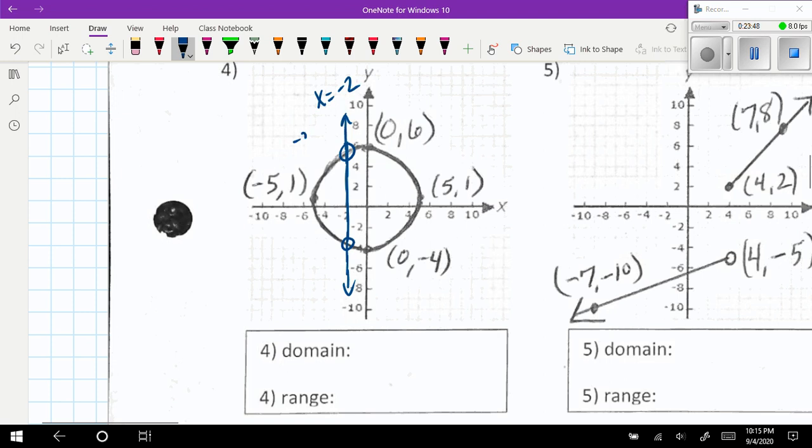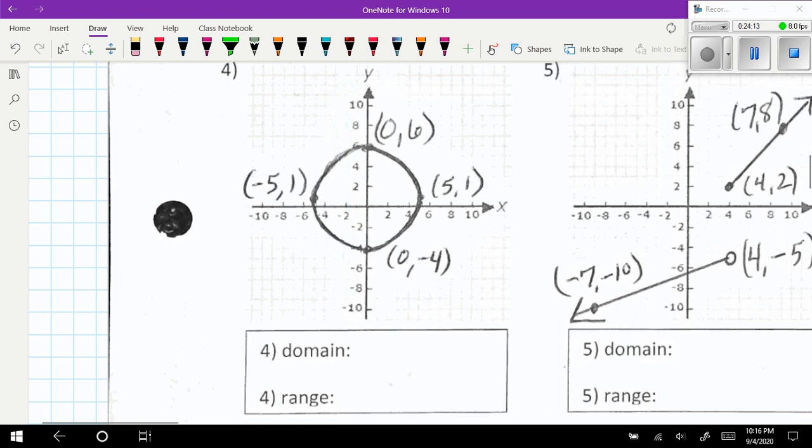So this is -2 comma something, and this is -2 comma something else. And we're not supposed to have the same domain element paired with more than one range element. So this is definitely not a function. But we still have a domain and range, even though what we have is called a relation.